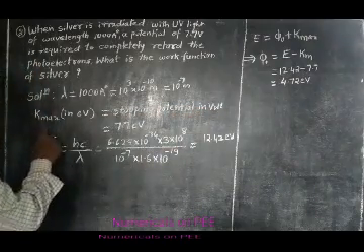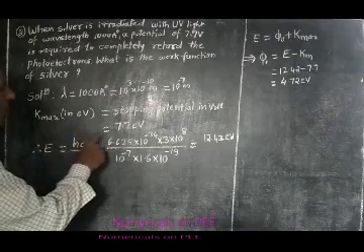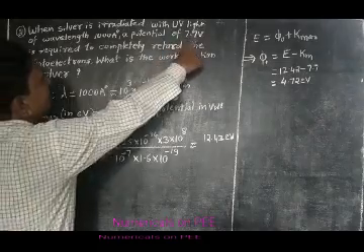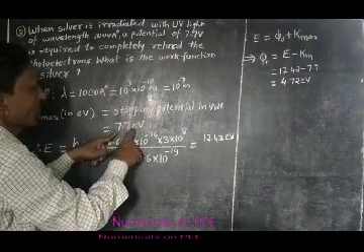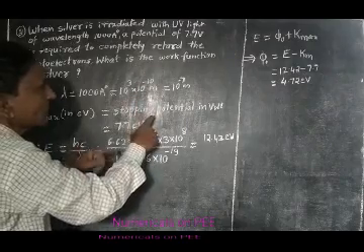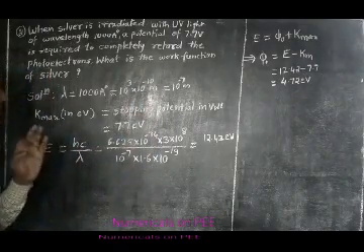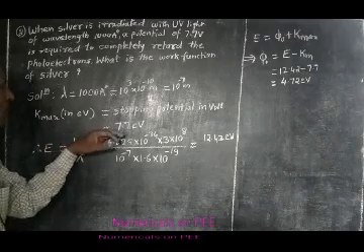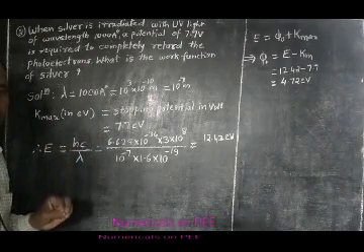Therefore, maximum kinetic energy is 7.7 electron volt, because the 7.7 volt stopping potential is nothing but 7.7 electron volt of maximum kinetic energy.